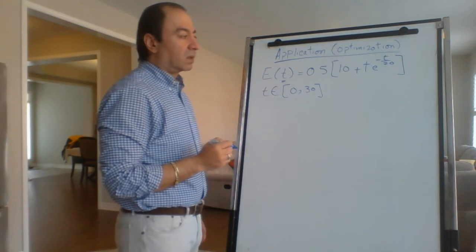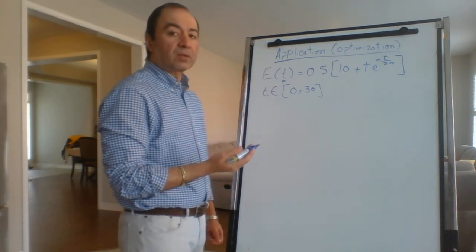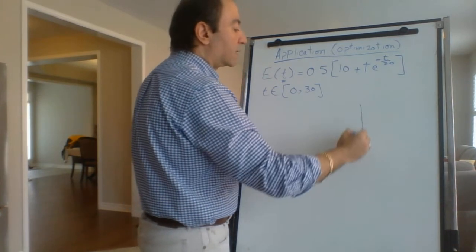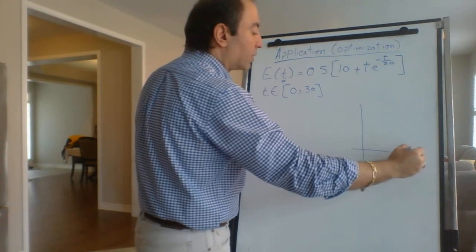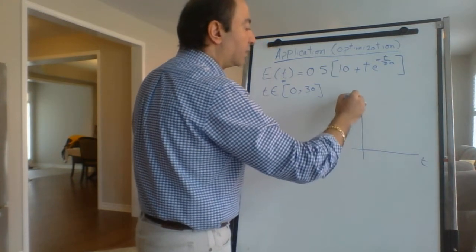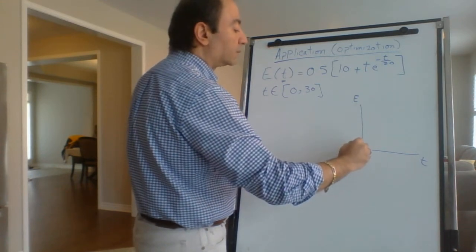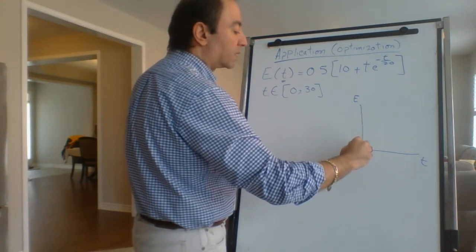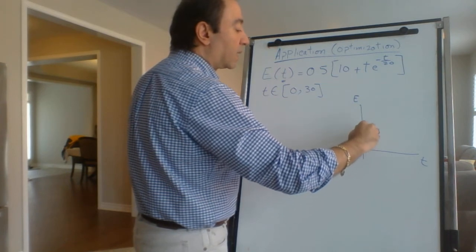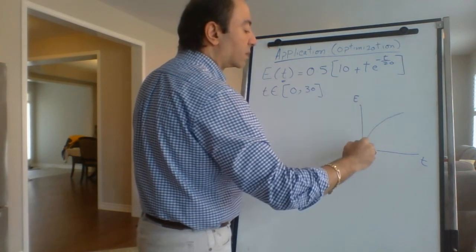I will give you a graphical meaning of what we are trying to do. Let's say this is the relationship, this is the time, and this is the effectiveness of studying. This curve, I don't know how it looks, but let's say it looks something like this.